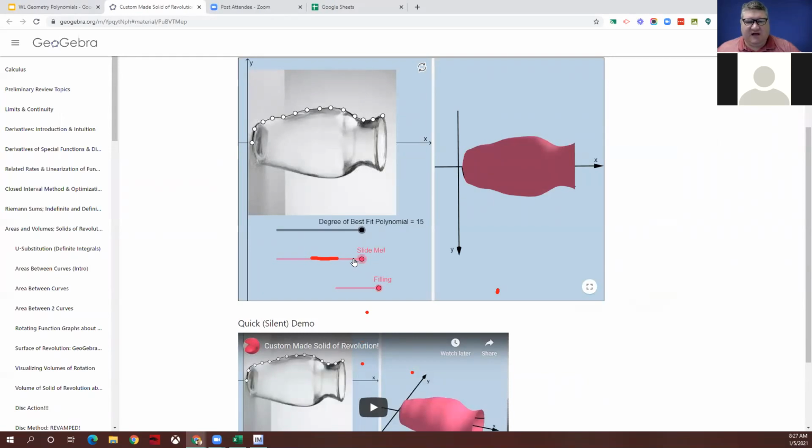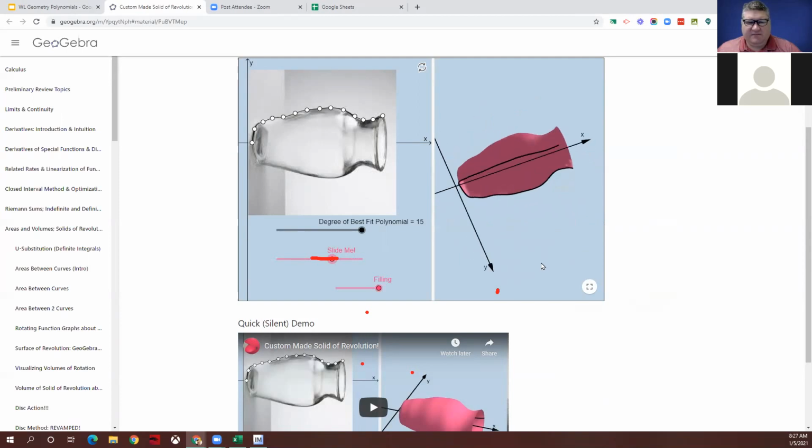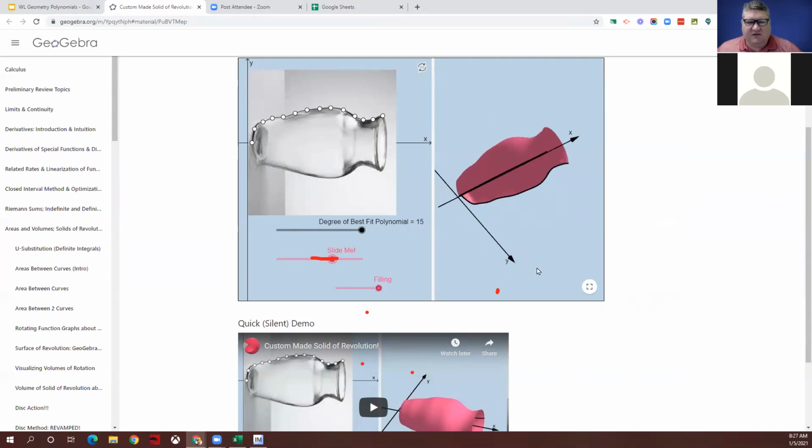So that when I slide this one around, it actually does look pretty much like my vase. So as you can see, our vase, when I rotate it around using our estimate, is really starting to look pretty good.